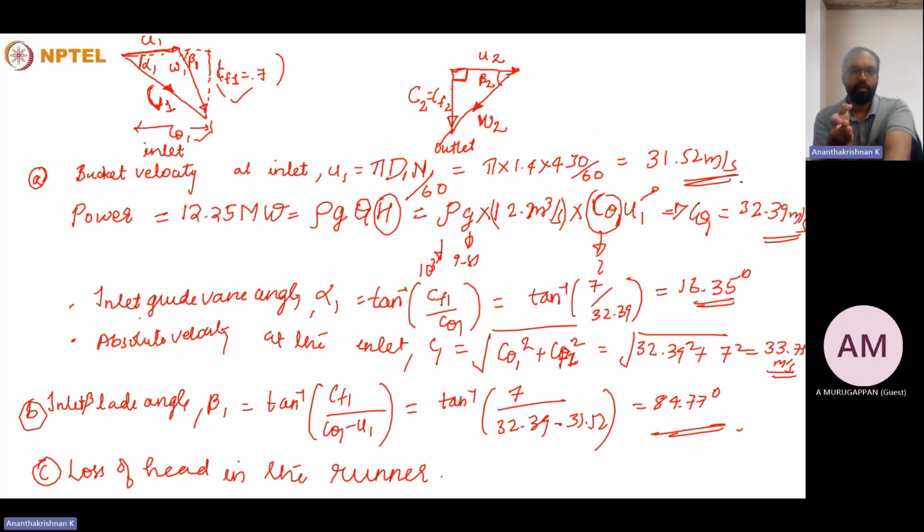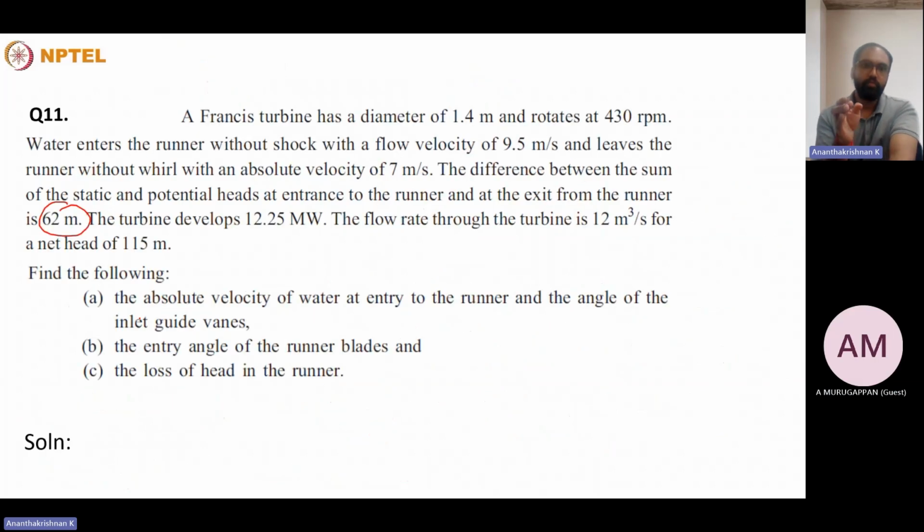The tangential velocity component we have to calculate from the blade velocity and the power developed by the turbine. And using that we can calculate the A part. For the B part, the entry angle of the runner blades, we have to go into the inlet velocity triangle.